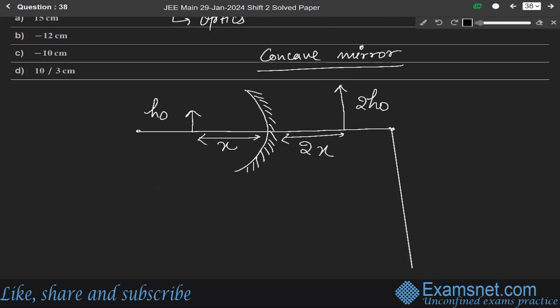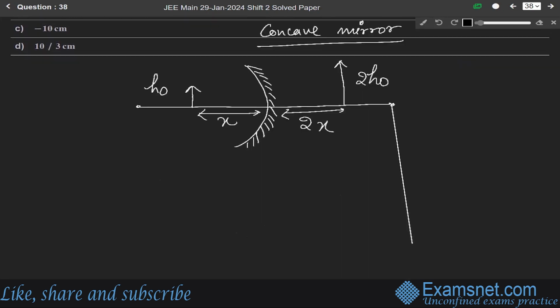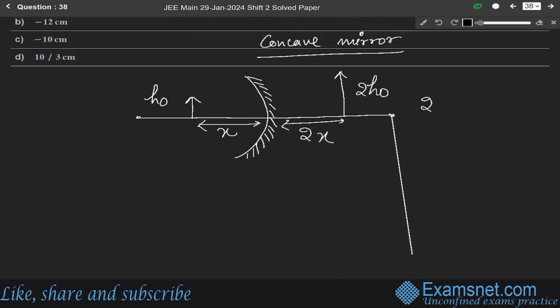According to the question, it is forming the image at 15 centimeter, so 2x plus x is 15 centimeter, 3x equals 15 centimeter. So x will be 5 centimeter.